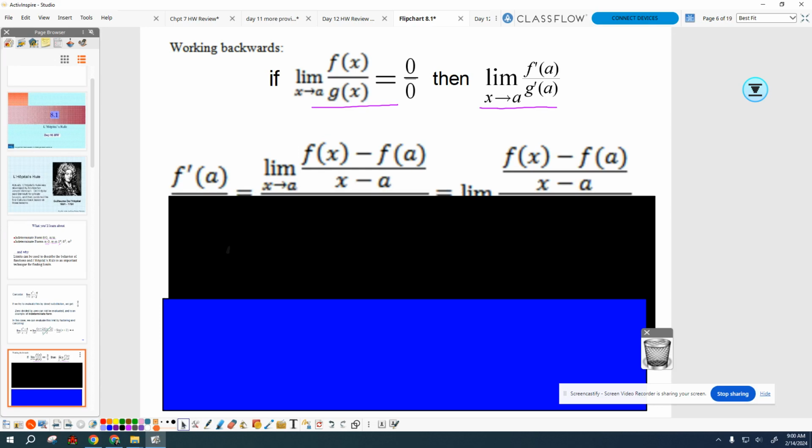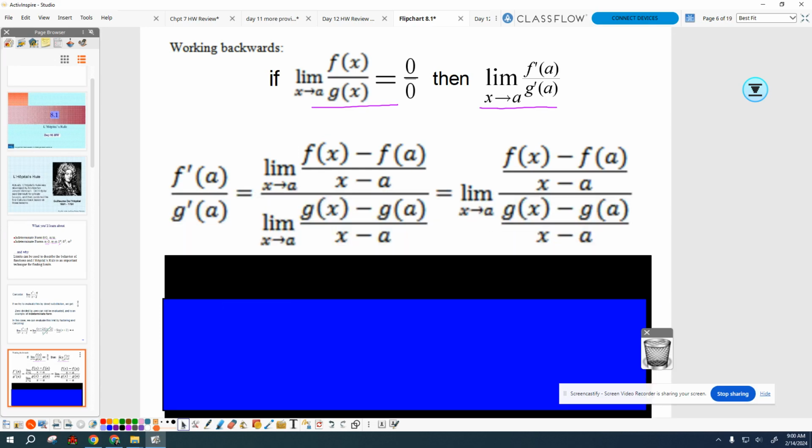So here's using the limit definition of derivative backwards. If this derivative and that derivative, there's the limit definition of the derivative at a point a, I can pull the limit off of both of them and then multiply by x minus a over x minus a.